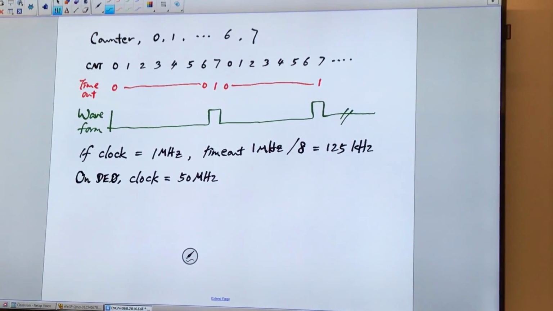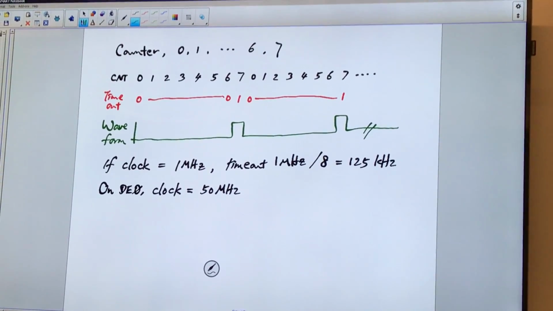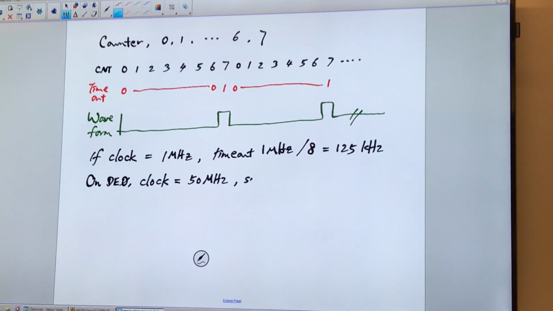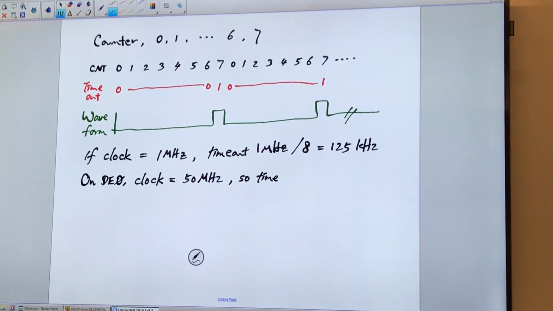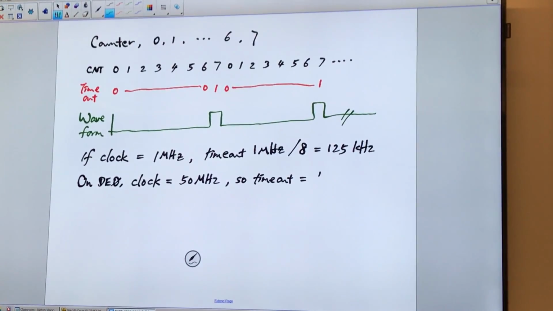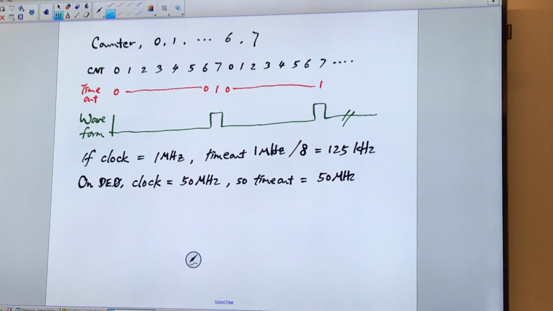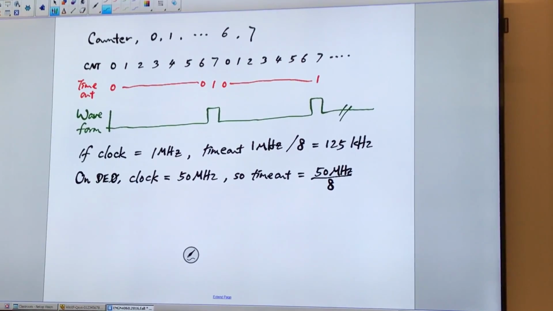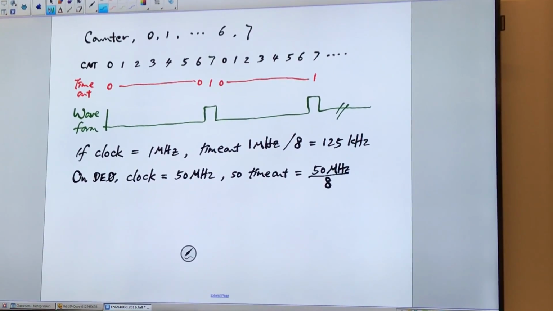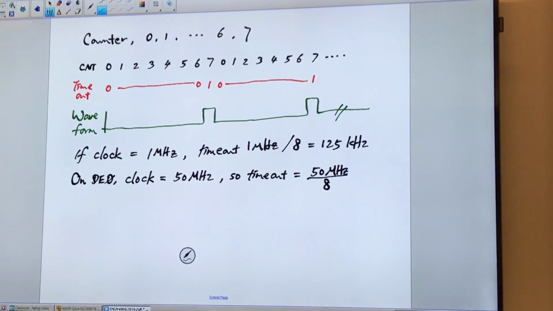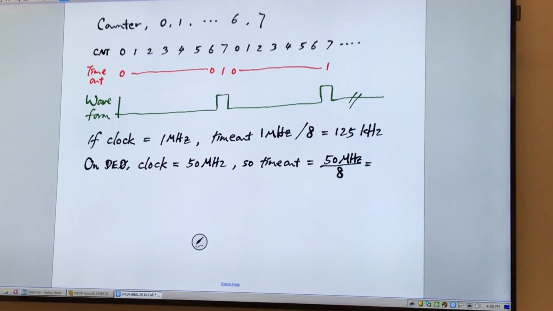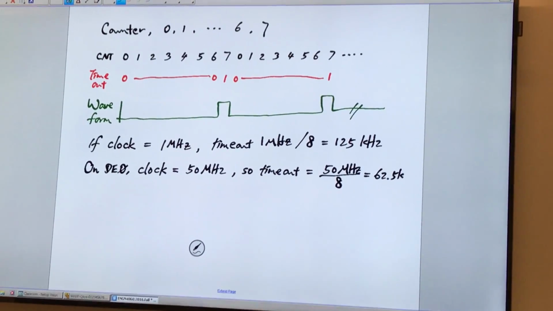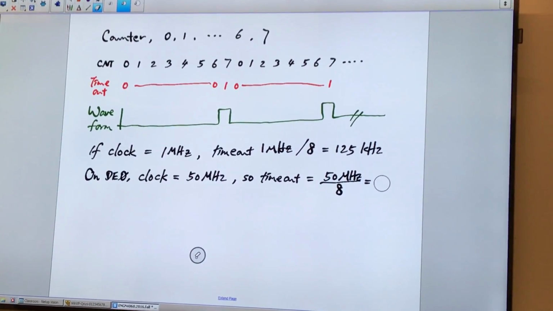So if you feed the 50 megahertz into this 3-bit counter, what frequency do you get? Do the math, what do we have? Faster than anything.